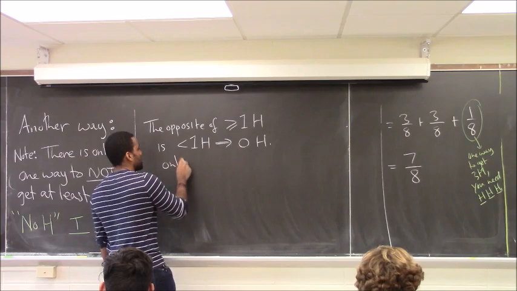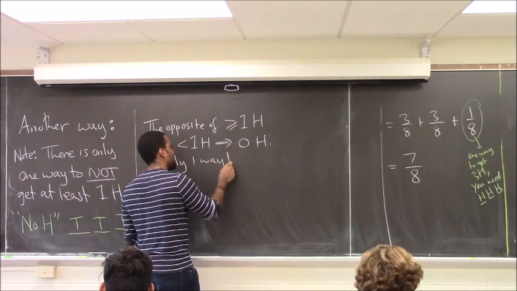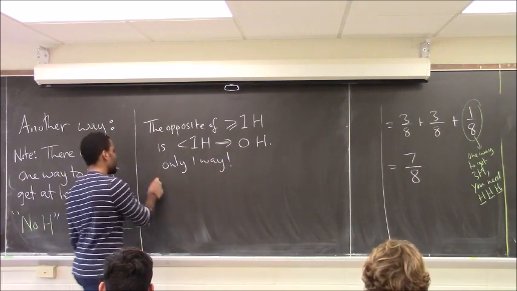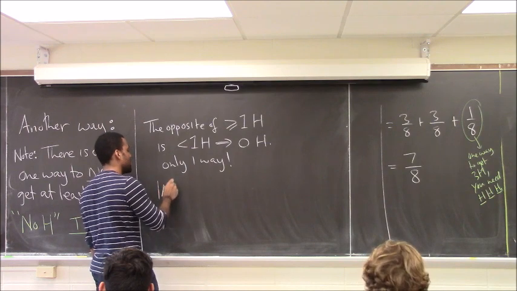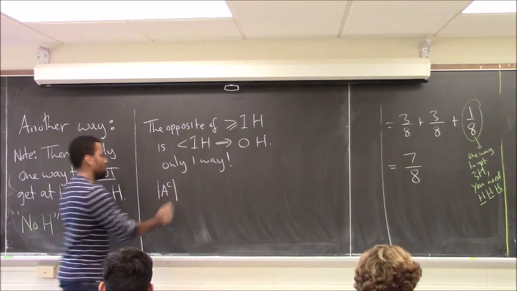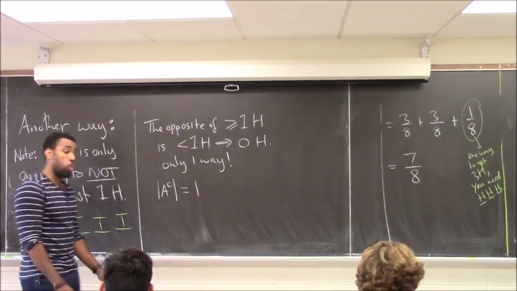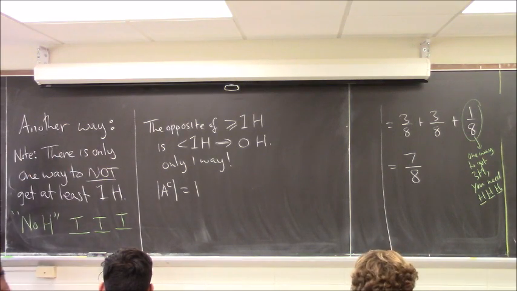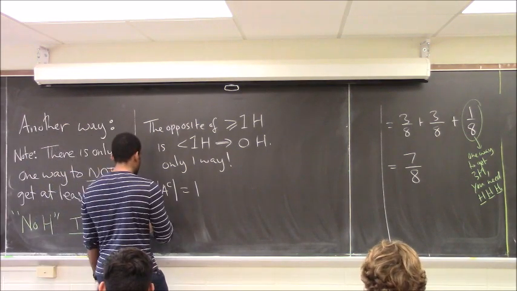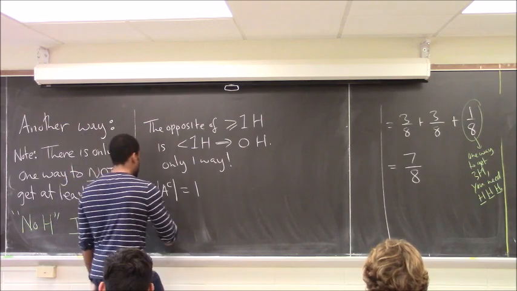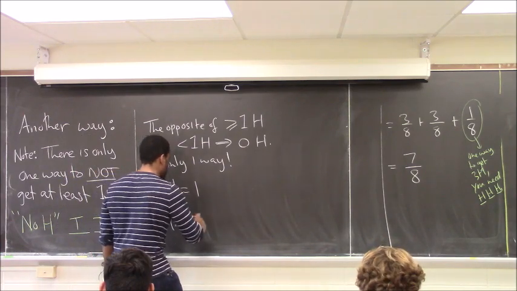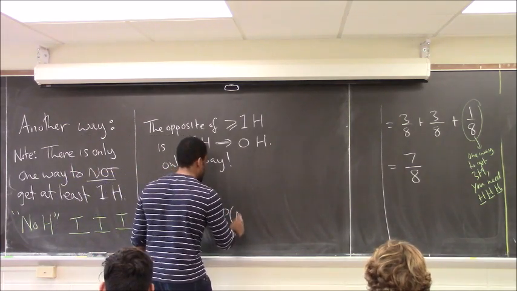Only one way. This means the size of not having what I want is one way. There's one way for that to occur. This means I can use: the probability of what I want is 1 minus the probability of what I don't want.